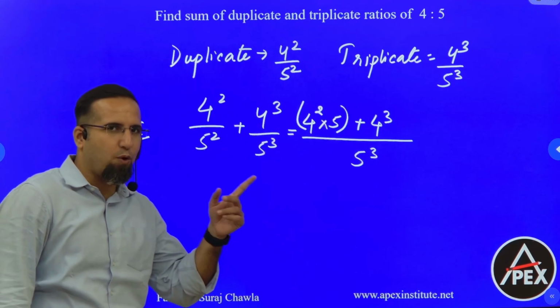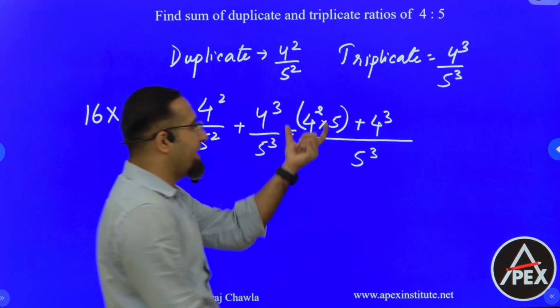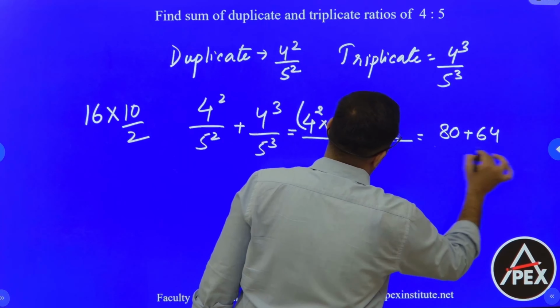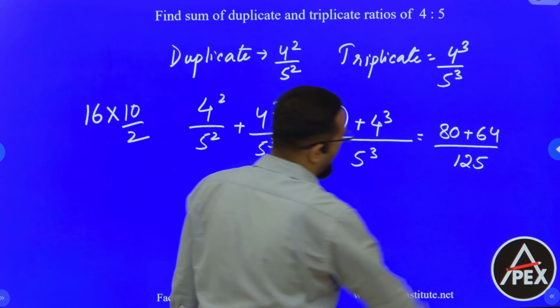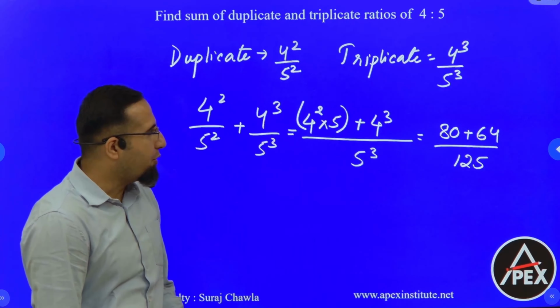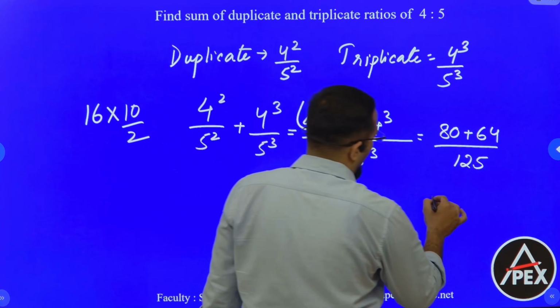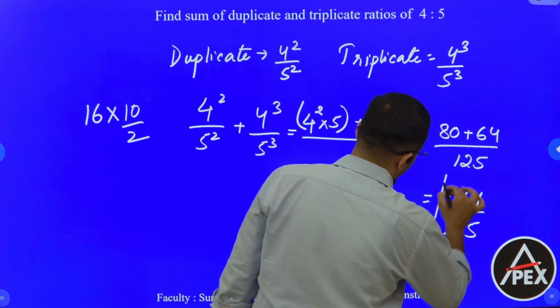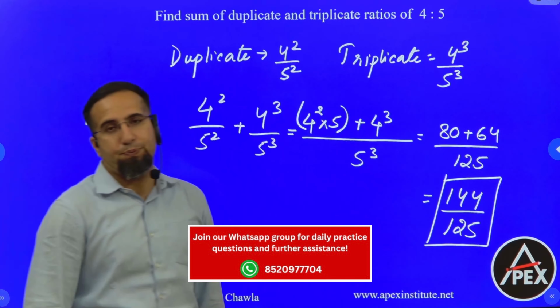So 16 tens are 160, 160 by 2 is 80. So this part becomes 80, 4 cube is going to be 64 and 5 cube is going to be 125. Clear? So 80 plus 64 will give you how much? 144 and 144 divided by 125 becomes your final answer.